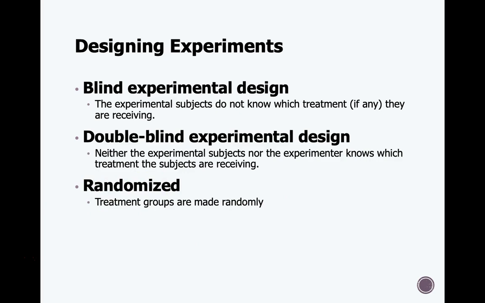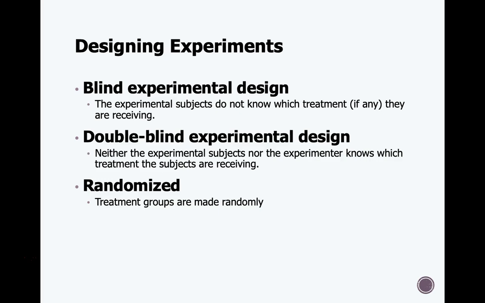All right, so a randomized study is a study in which the subjects are randomly assigned to experimental and control groups. In this way, researchers and subjects have no influence on the composition of the groups. So you can't look at a group and say, oh, these guys look like they're not doing too bad, and put them into a group, because that's going to skew your results a little bit.